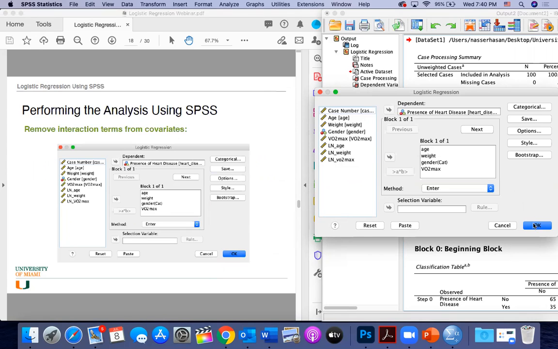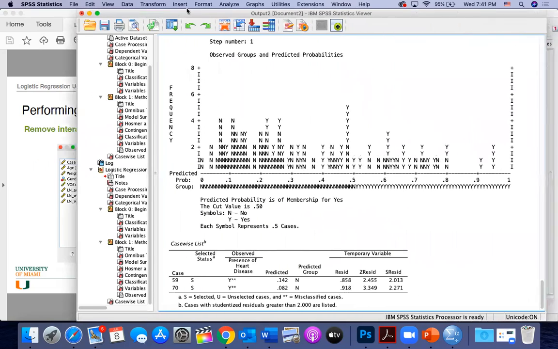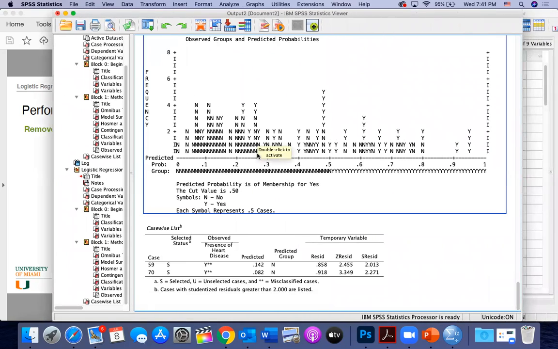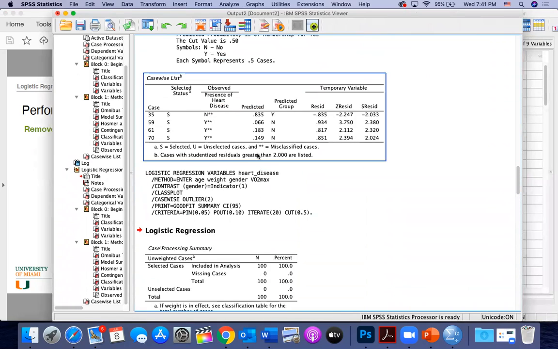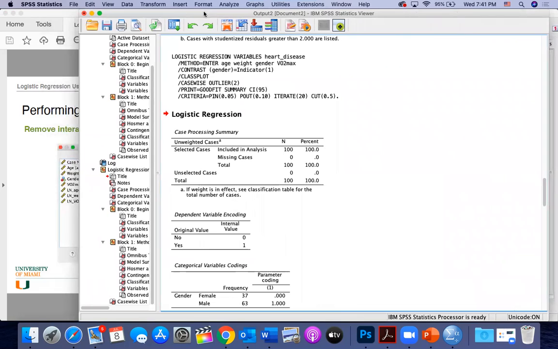Then you want to hit OK to perform the real analysis. Let me move the output here. Is everyone able to see my output window? Good.